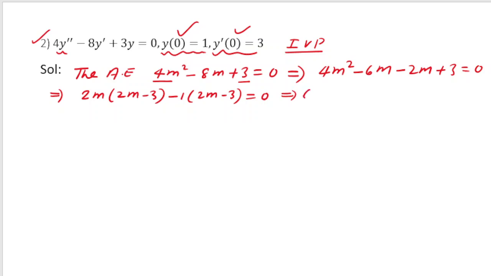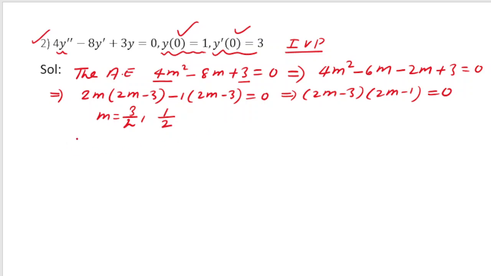So I can take (2m minus 3) common, and I get (2m minus 1) is equal to 0. So I get m is equal to 3 by 2 and m is equal to 1 by 2. So we have got two roots, and both of them are real and distinct.